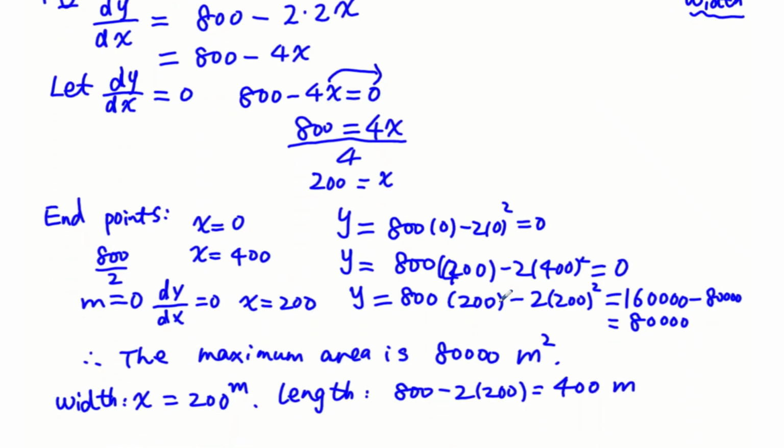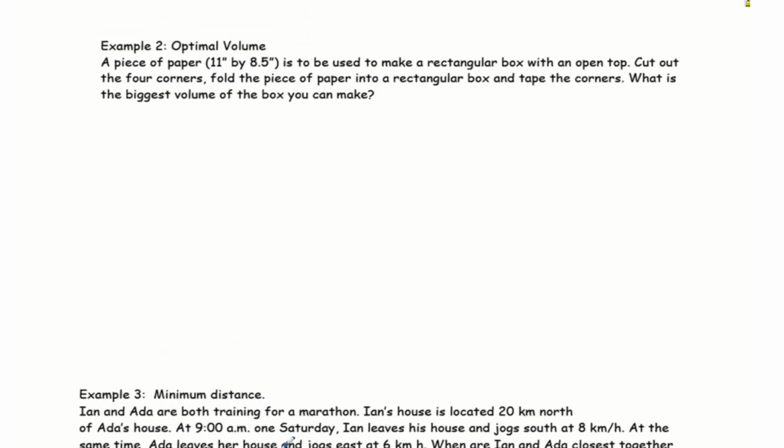So the absolute maximum will be where the derivative equals 0. So then we find the area value by substituting the x value in. Also from the x value we find the dimension. Okay, so that is for example 1. And after that we are going to see example 2 and 3.